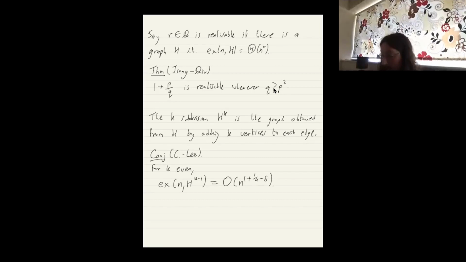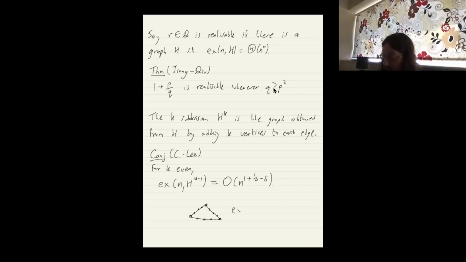So here, what we're saying is, if I take a particular graph, like, again, a triangle, and I now, instead of taking a one subdivision, I now put 3 vertices on this, then this should have extremal number which is strictly smaller than n to the 4/3.